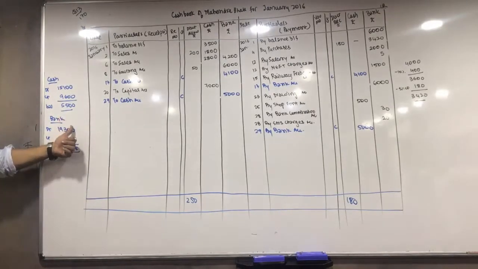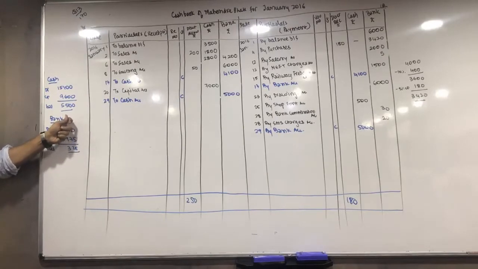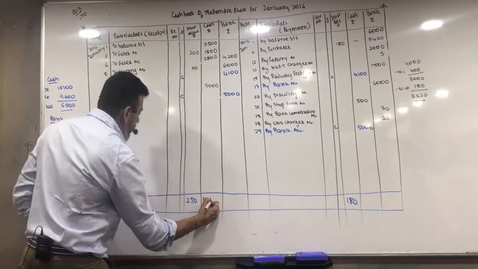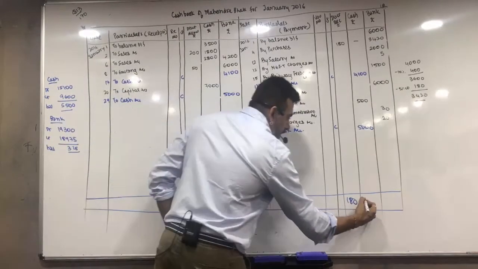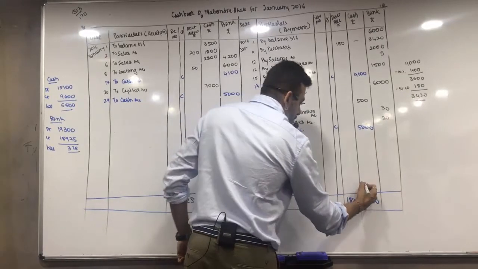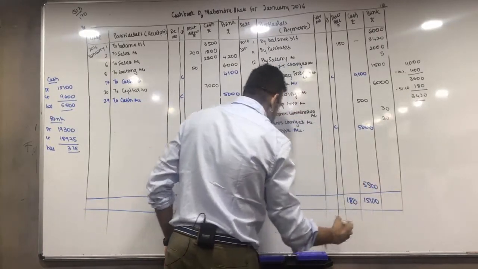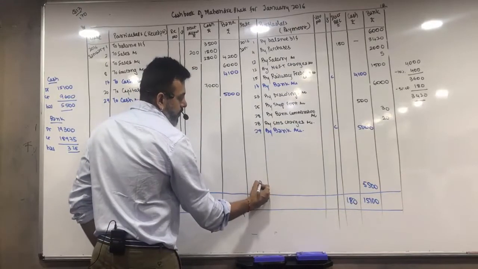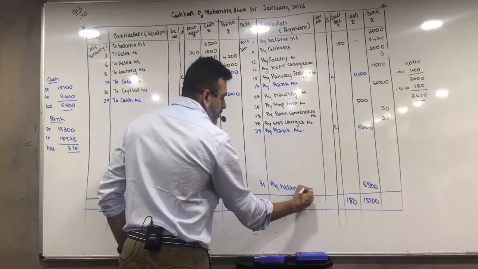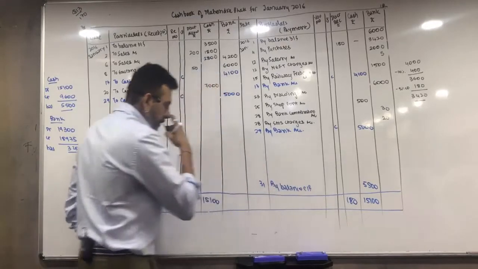First we close cash. Pay attention please to closing. First we close cash. Which side is more? Debit side is always 15,100 and 15,100. Above this, balance. Balance is 5,500. It's January, so 31st, by balance carried forward.